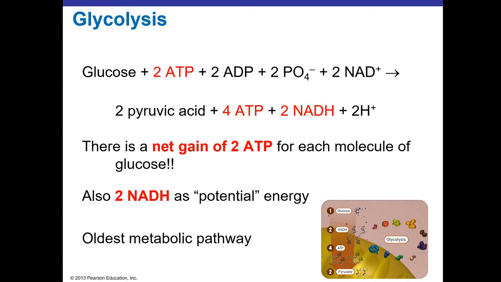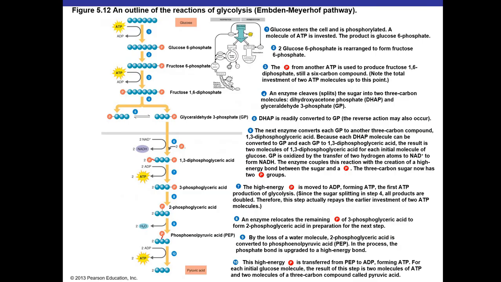Therefore, it was important metabolically that cells figured out how to get more energy out of glucose, more bang for their buck, but glycolysis, being the most ancient, is kind of the building block of generating that pyruvic acid, and then other metabolic pathways went off from there, things like the Krebs cycle.